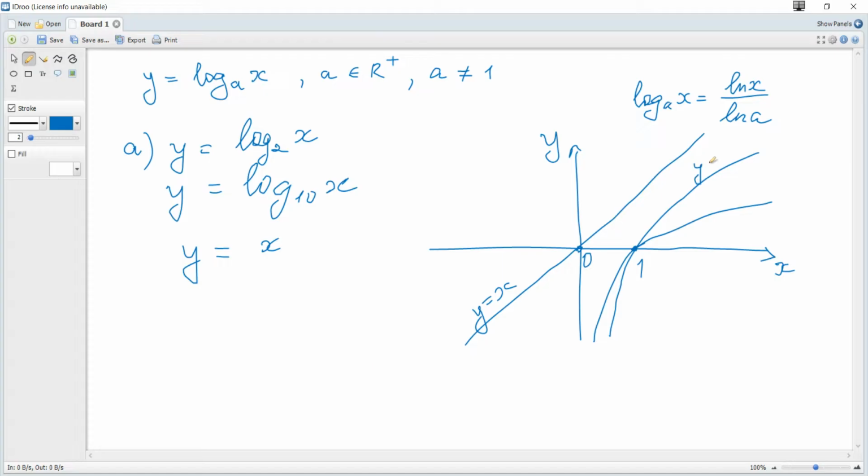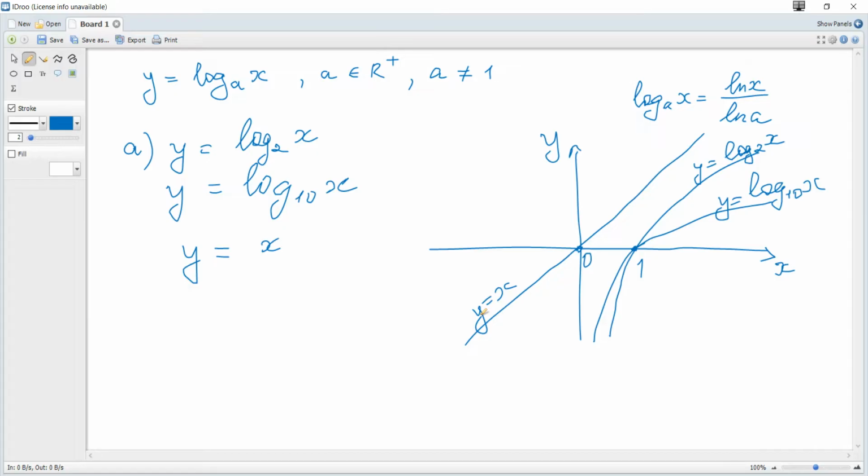So it's y is log to the base 2 of x, and y is log to the base 10 of x. And that's all for this question.